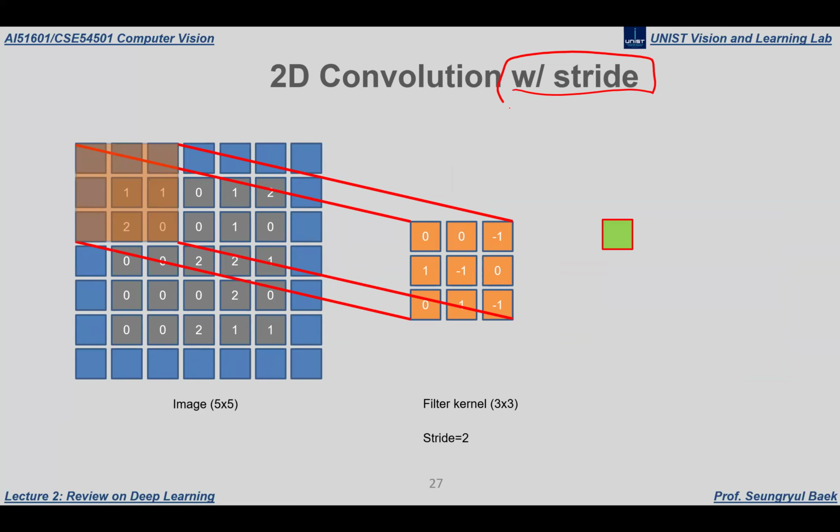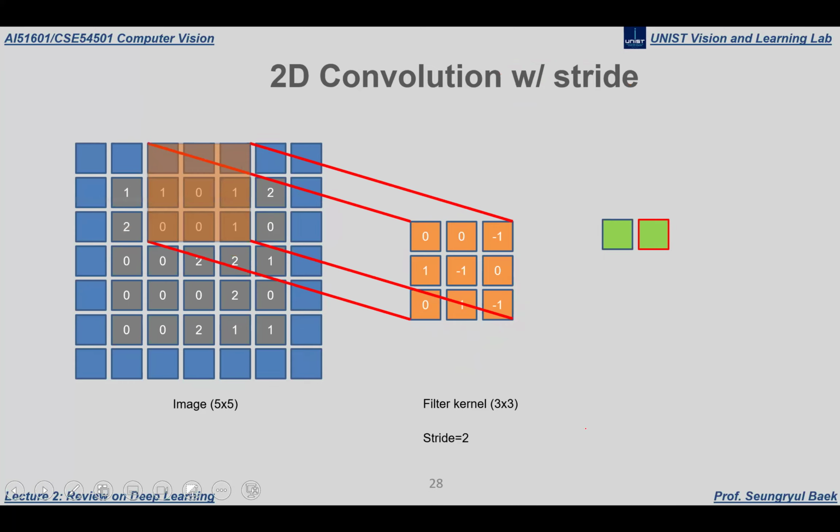Stride means, previously I mentioned that we will move this kernel window by 1 pixel to the right. The stride was 1 for that situation, and if we increase the stride value, for example to 2, then now the window will be moved by 2 pixels. Are you guys understanding that?